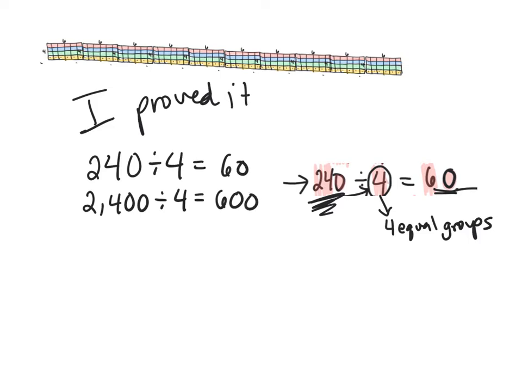It's good to know that quickly and automatically without spending a lot of time on it, but I also want you to start to train your brain to be thinking about, but is it really true? Can I prove it, maybe using a model or some other way of proving to yourself what I'm telling you, which is that you need to match up your number of zeros. 1 zero in the dividend, 1 zero in your quotient. 2 zeros in your dividend, 2 zeros in your quotient.